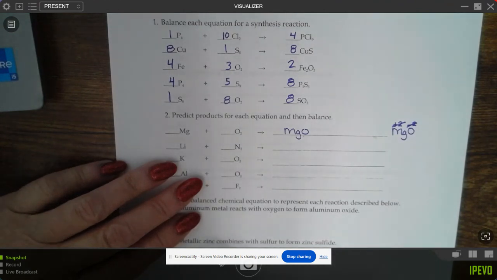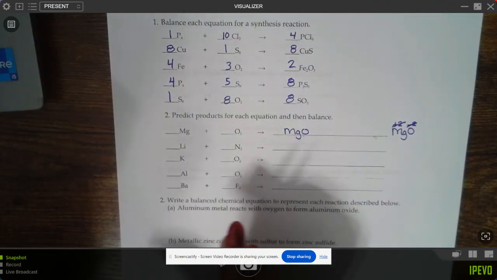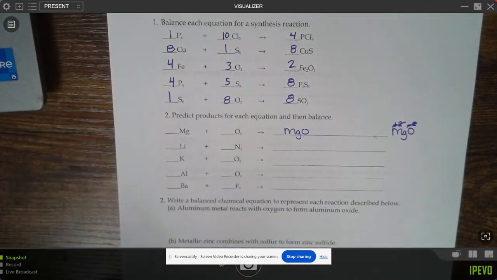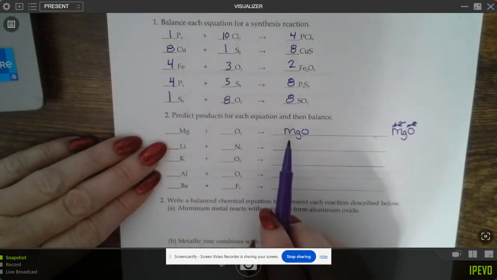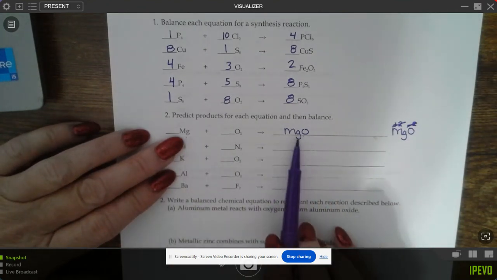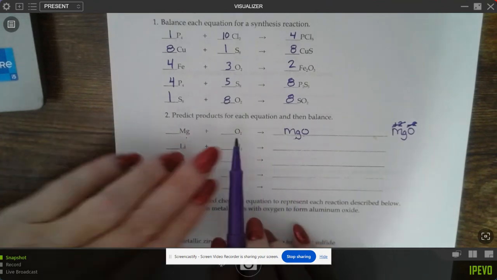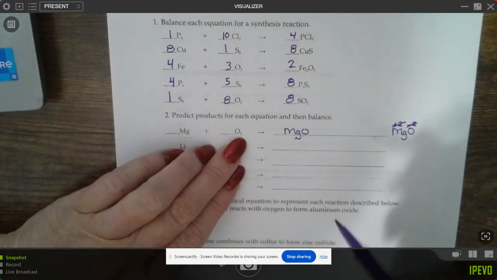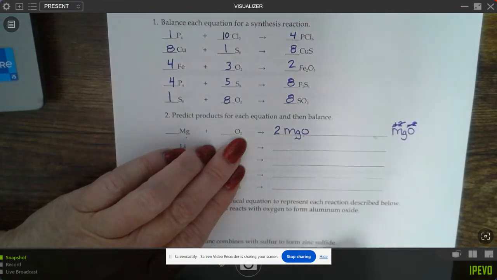All right, and I'm just going to go through balancing these by inspection on this one, just by seeing if I can do it by looking at it. Okay, so if I look, I have 1 magnesium here, 1 magnesium here, so that's balanced. I have 2 oxygens here and only 1 oxygen over here. So I'm going to put a 2 in front.